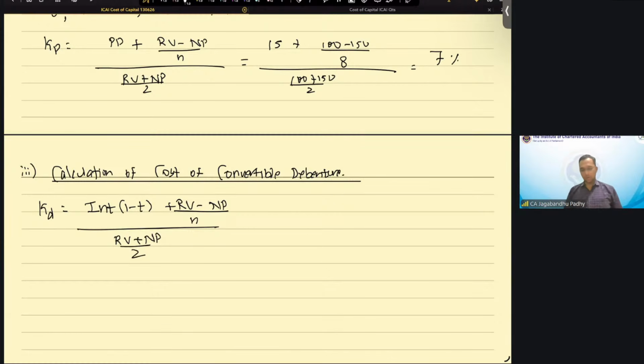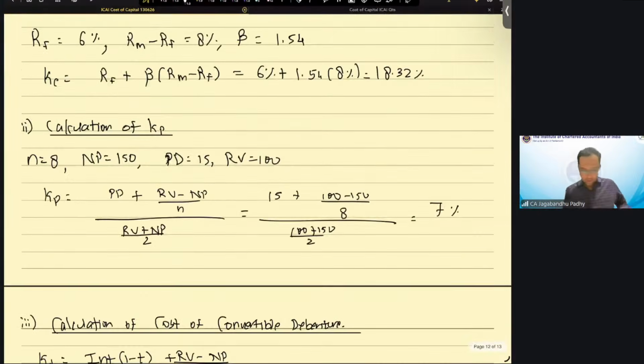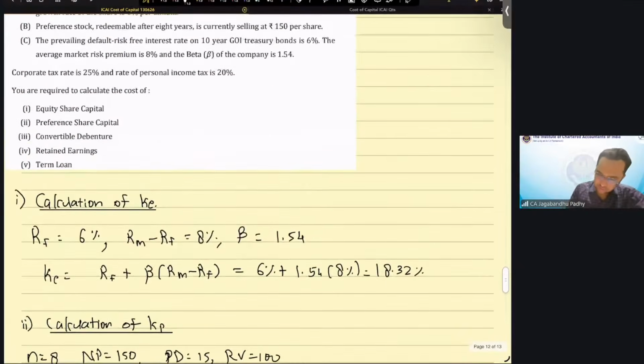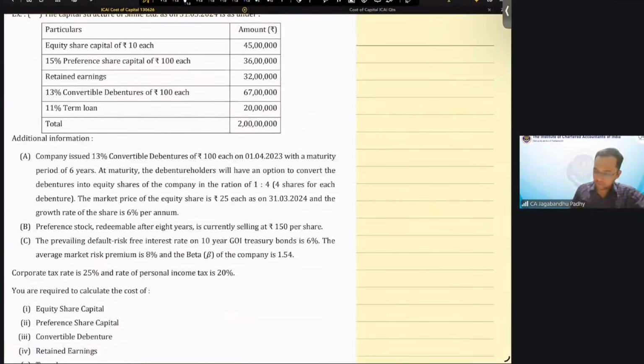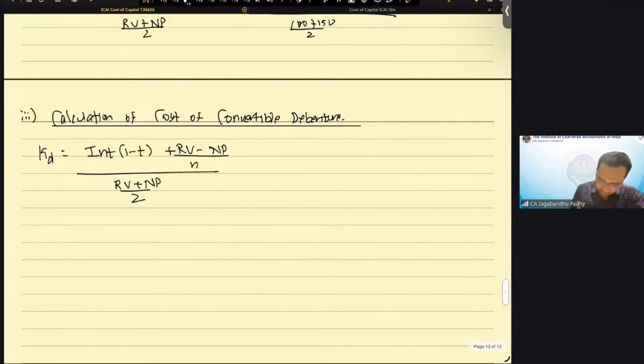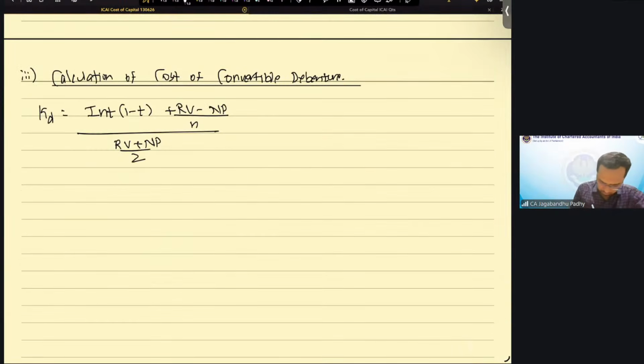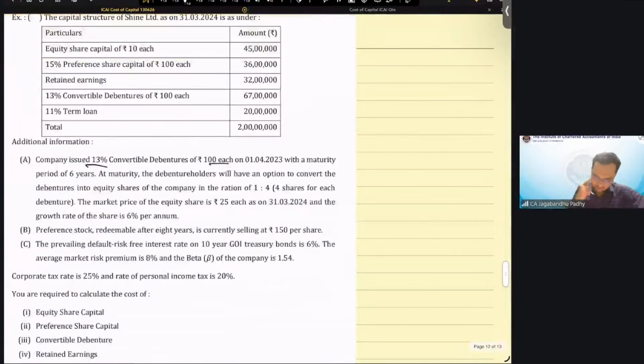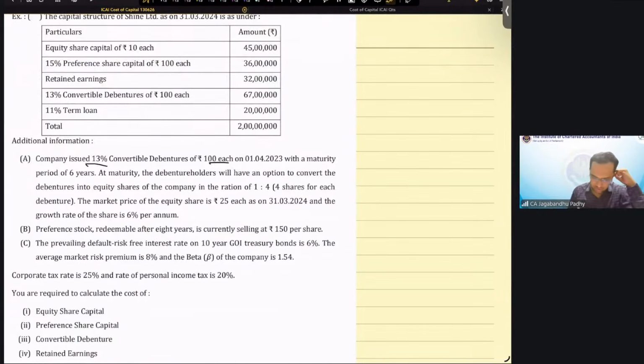This is going to be the formula, but we can write down certain values from this, like 13% convertible debenture. So we can get the amount of interest also. To substitute, we have interest as 13, and it was issued a year before, obviously at a price of 100 itself.